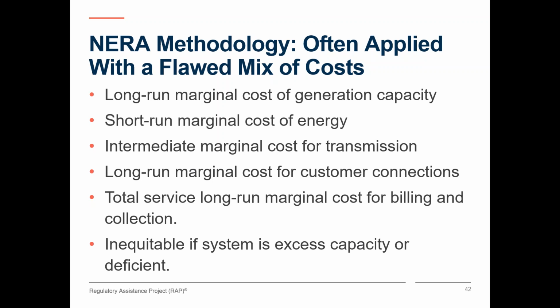They consider the short-run cost of energy based on a dispatch model, together with the capital cost of peakers to serve additional peak demands. They look at typically a 10-year forecast of transmission capacity and needs, and often a long-run method for customer connections, the cost of actually installing new customer connections and new meters, and for billing and collection costs.